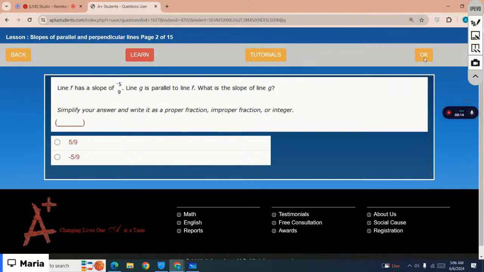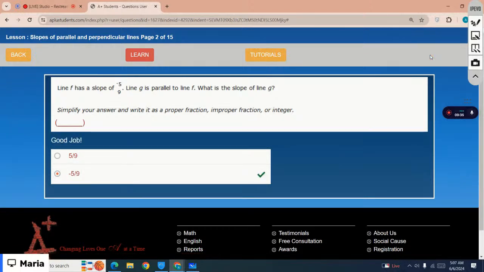The correct option is negative 5 over 9, because parallel lines have exactly the same slope.